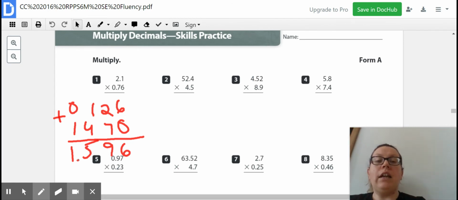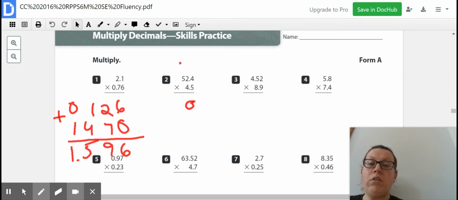Now, friends, let's do another one. Let's do number 2. So we know 5 times 4 is 20. I'm going to put my 0 and carry my 2. 5 times 2 is 10, plus 2 is 12.